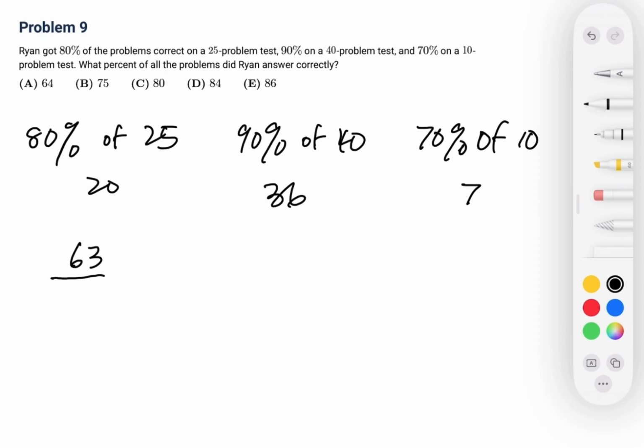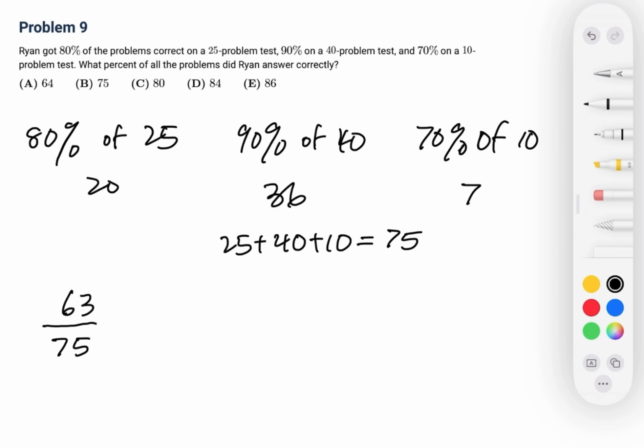The total he had was 25 plus 40 plus 10, which gives us 75. Now, looking at the fraction 63 over 75, we can't easily see how much percent that is.